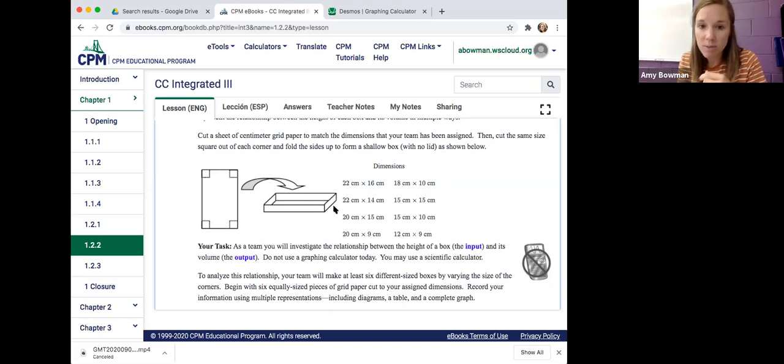So that would form this box here. So we are working with this first dimension here, 22 by 16. So imagine a large piece of board with a set dimension. So we're going to represent that with a 22 by 16 centimeter piece of paper, and experiment a little bit and see how that height will affect volume of the boxes.